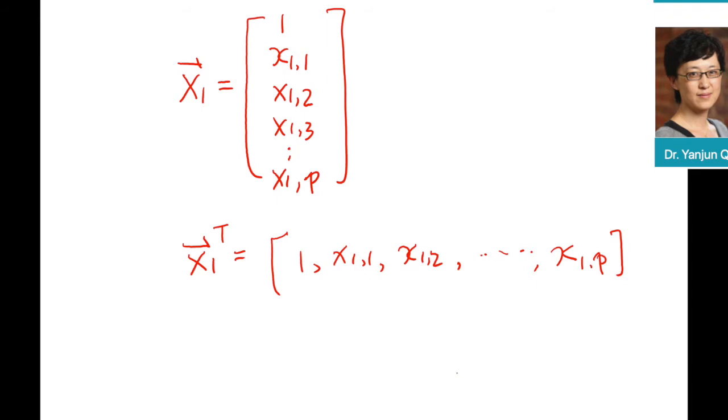Its column form is p plus 1 times 1, because the first one is a pseudo feature, just to make it easier to write everything in vector or matrix form, to learn the intercept, the bias term. So this is the column form, and its transposition is the row form.